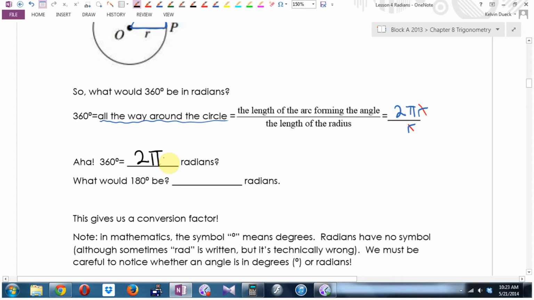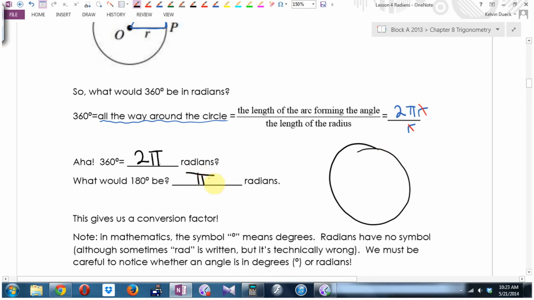If you want it as a decimal, it's about 6.28, but pi is a yucky decimal to turn into a decimal. It's 2 pi. So, I just drew 2 pi radians, or 360 degrees. So if 360 degrees is 2 pi radians, what would 180 degrees be? Halfway around a circle.